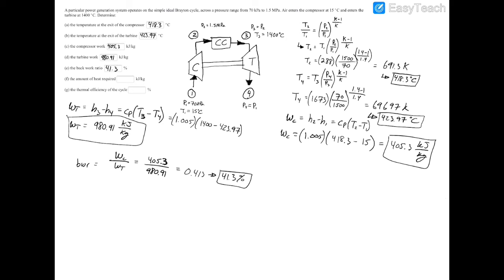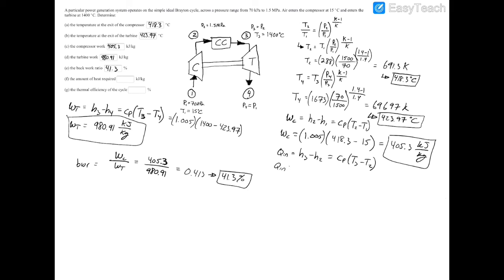Next, we have the heat requirement for the cycle. So we have Qn is going to be equal to H3 minus H2. And you guessed it already, that's going to be equal to Cp times T3 minus T2.